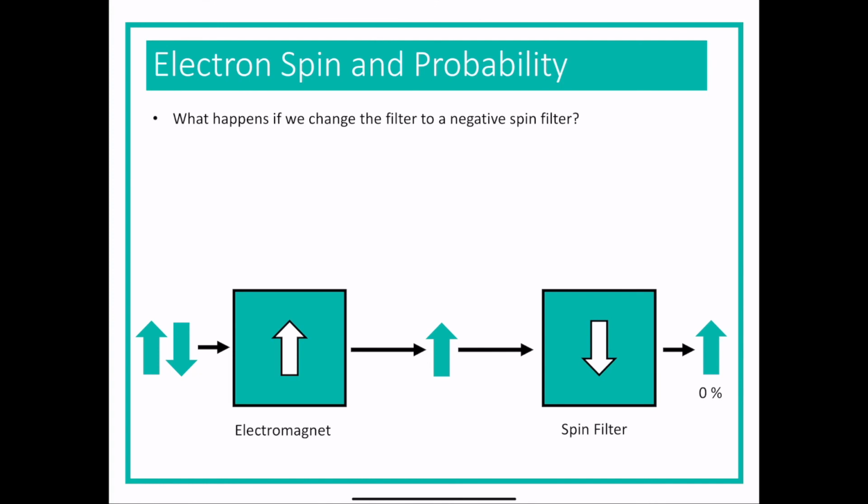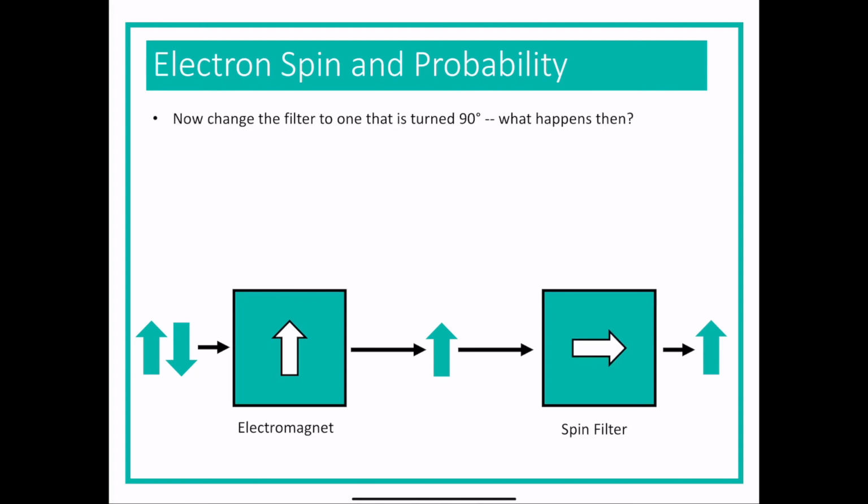So far, this is completely unremarkable. But what happens if we turn the filter 90 degrees? What do you think will happen? Will anything go through? It shouldn't.